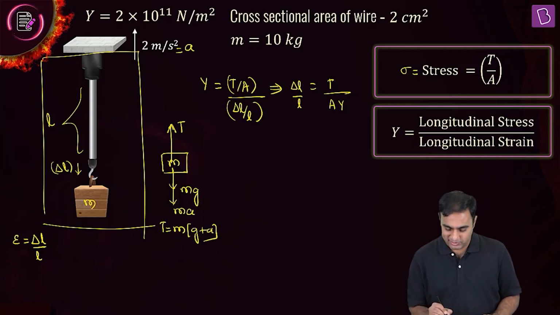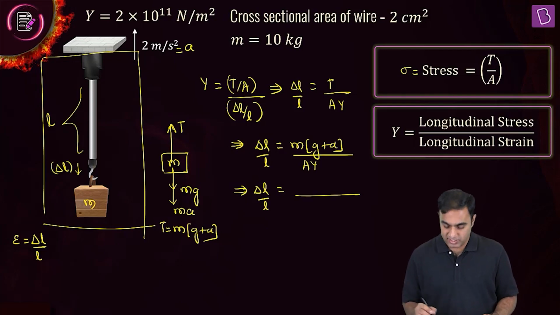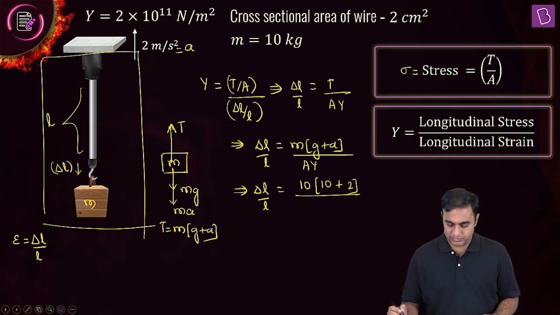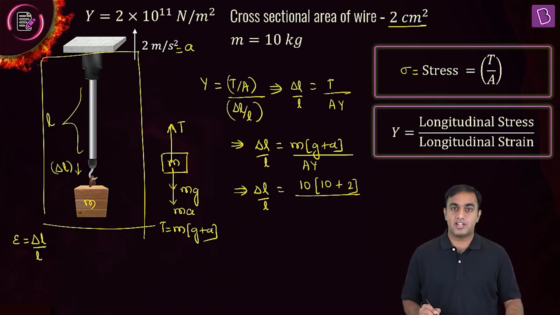Let's substitute. We get delta L by L to be m into g plus a divided by A into Y. Now, substituting the values, m is 10 kg, g is 10 meter per second square, a is 2 meter per second square. What is capital A? The cross-sectional area of the wire is 2 centimeter square, or you get 2 into 10 to the power minus 4 meter square.